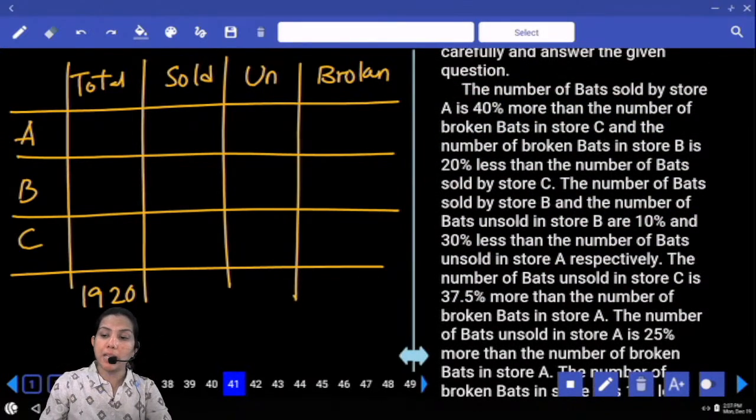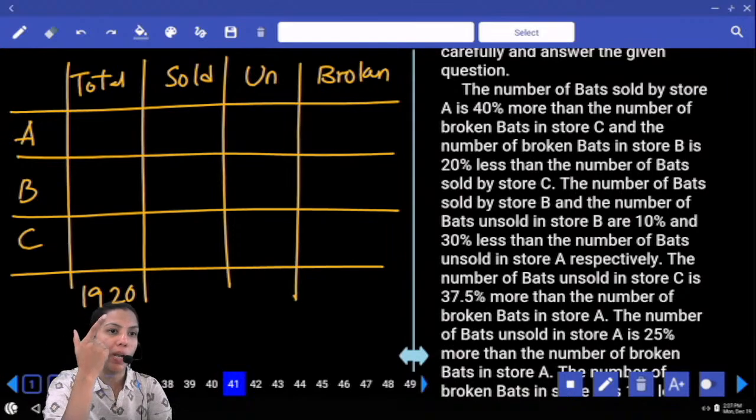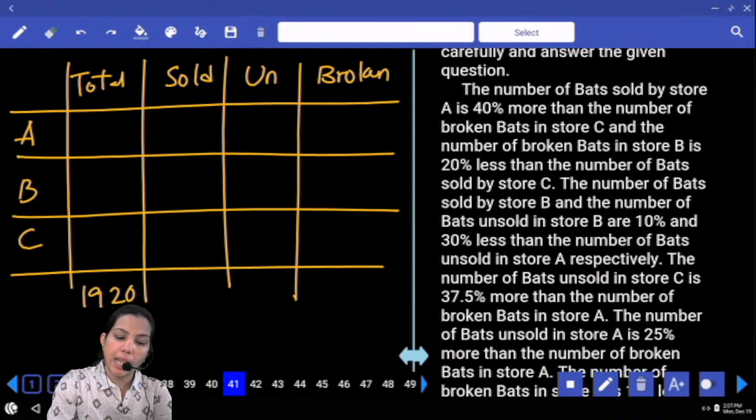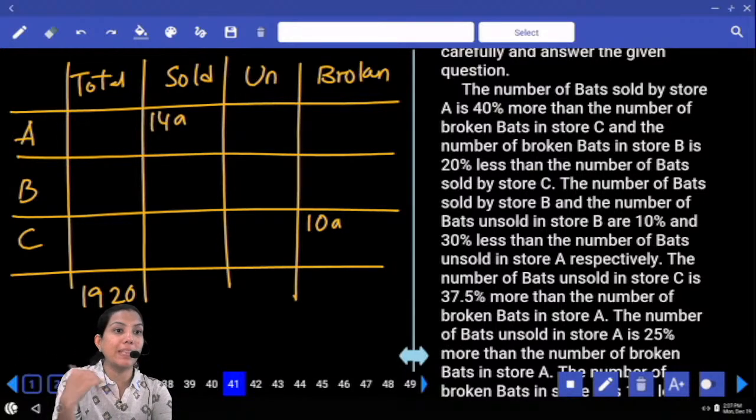The number of bats sold by store A is 40% more than the number of broken bats in store C. Compared to broken C, sold A is 40% more. So if I take broken C as 10A, this value becomes 14A. Actually we should assume 100, but big numbers will come. 10A, 14A.